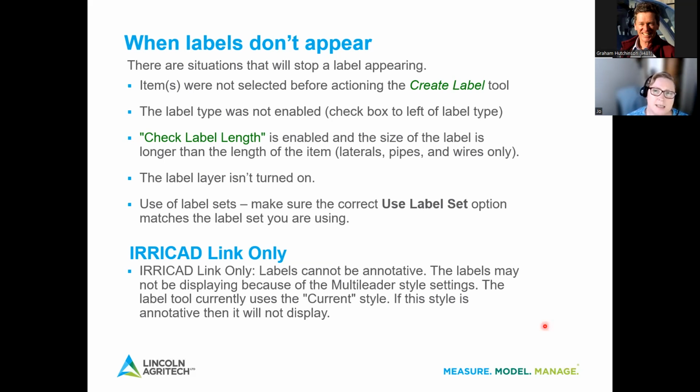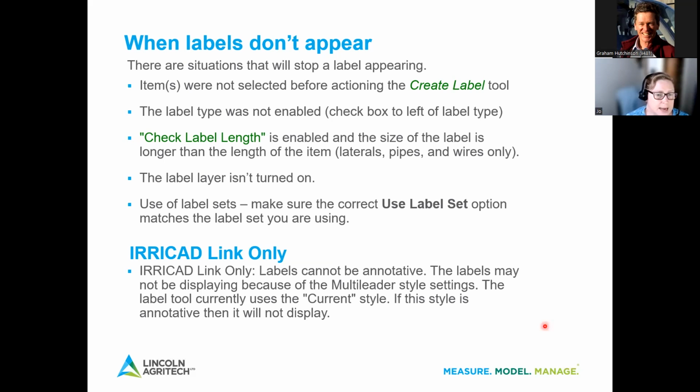Is there a reports label, reports layer as well? Yeah, so labels will go into the labels layer in version 21, unless you've specified a particular layer in the settings for those particular items.